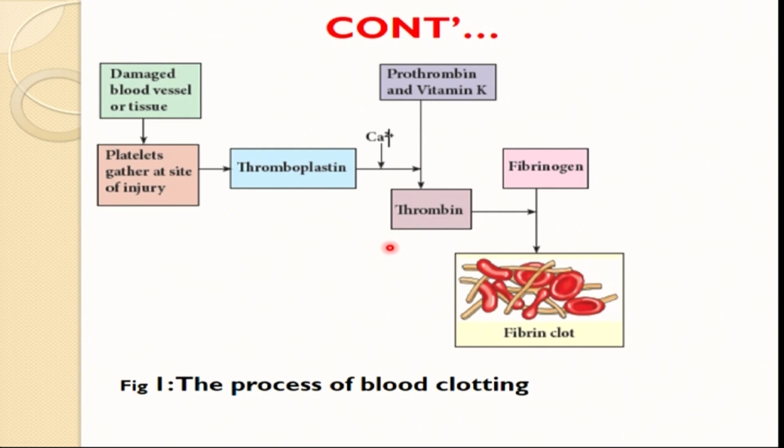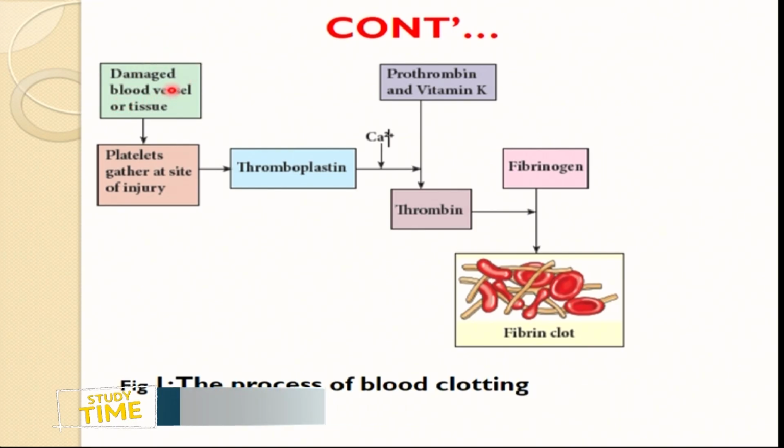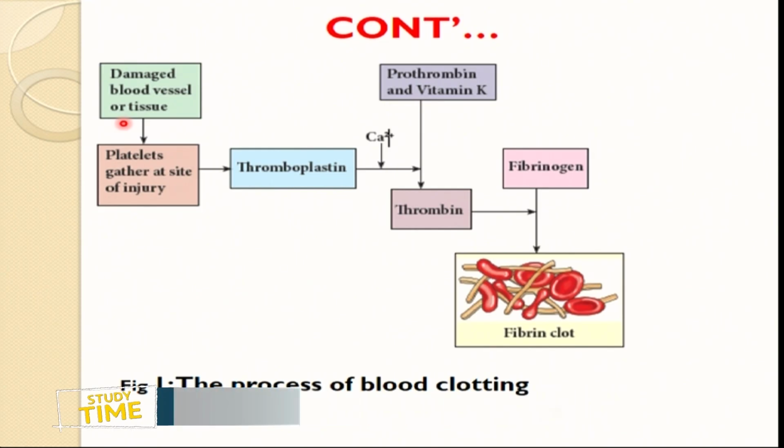Let's have a chart that shows how blood clotting takes place. Let's go through the diagram and observe clearly. This is maybe the skin, a damaged tissue or a damaged blood vessel. What happens once you have damage on a tissue or a blood vessel?